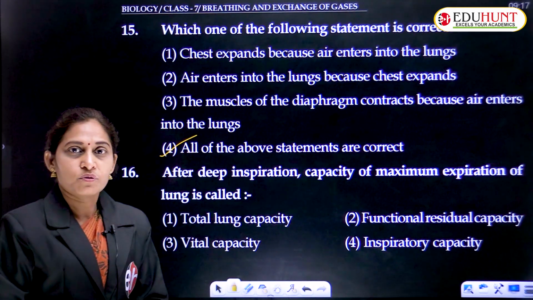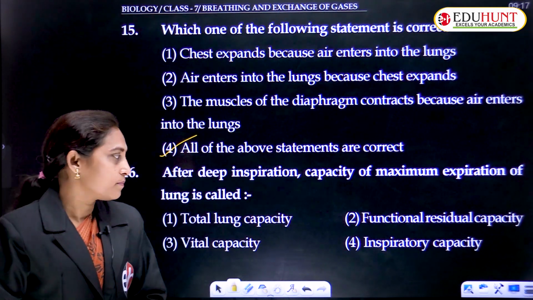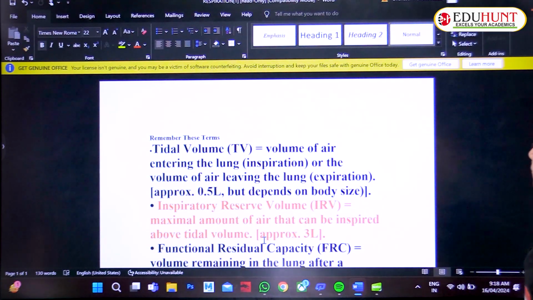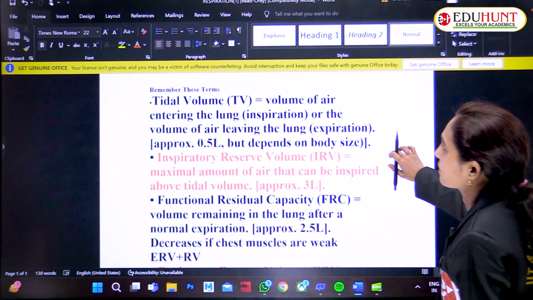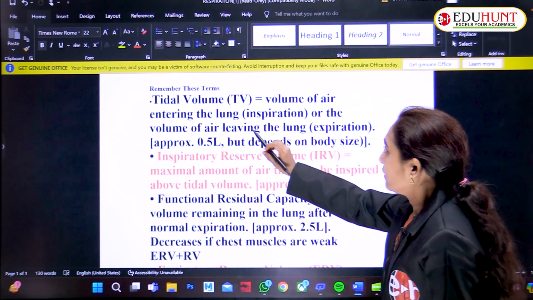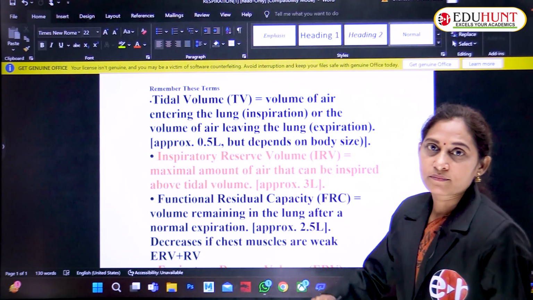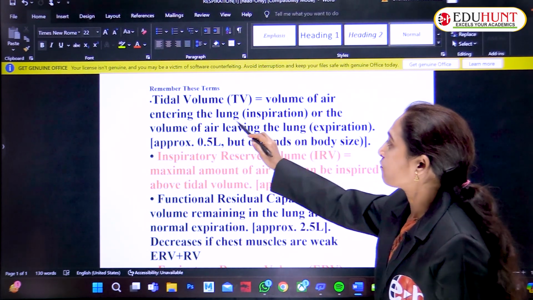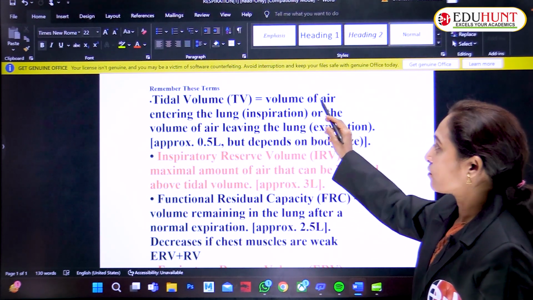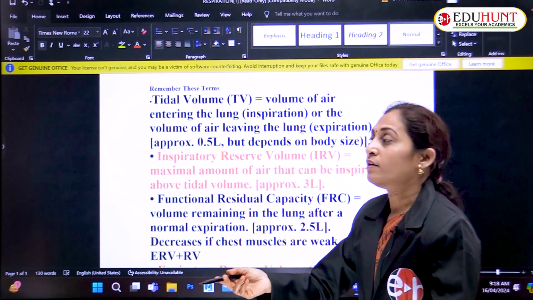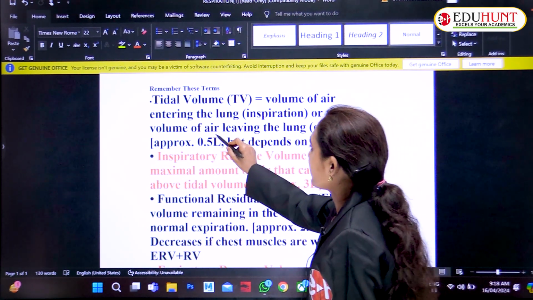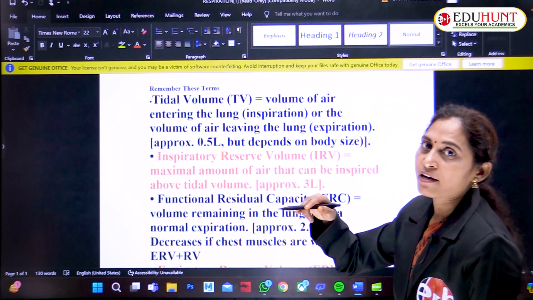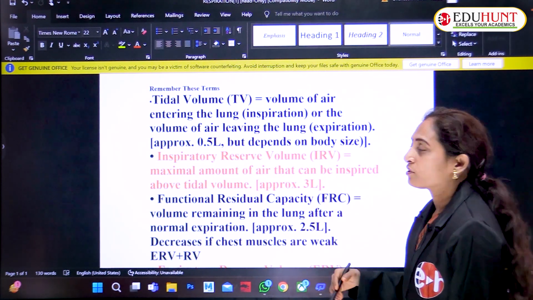Before answering this, let's see a short gist regarding the lung volumes and capacities. Here it is given: tidal volume. These are things we need to remember. Tidal volume is nothing but the volume of air entering the lung during inspiration or the volume of air leaving the lung while expiration. It is approximately 0.5 liters, that means 500 ml, depending on the size of the body.